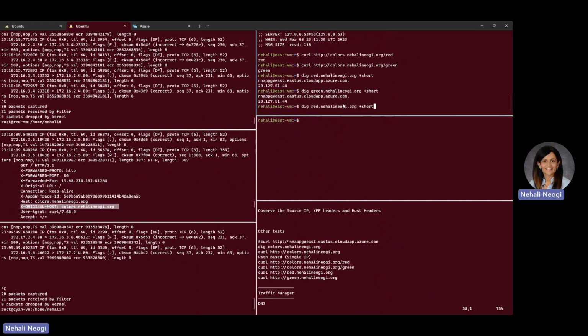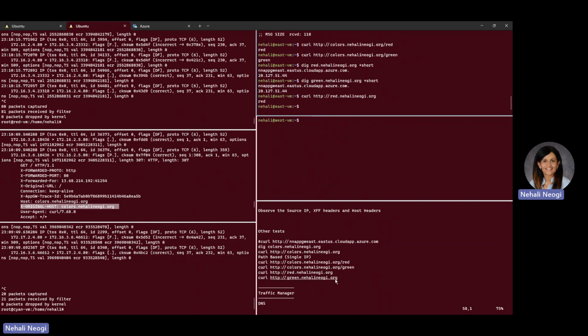We're able to use the host headers and direct the traffic accordingly. So now let's see, if I do curl against the red host, and then I'll do the curl against the green. Behind the scenes, it's reaching the green pool of VMs.